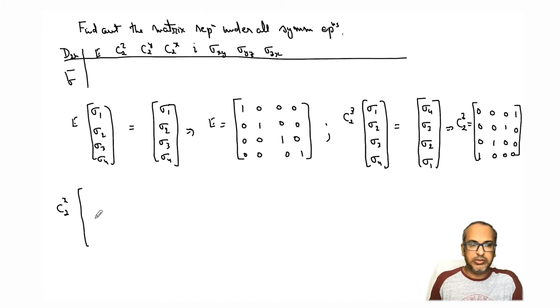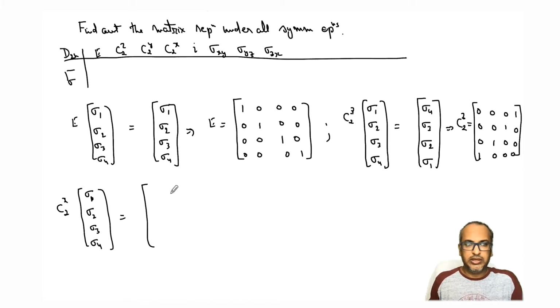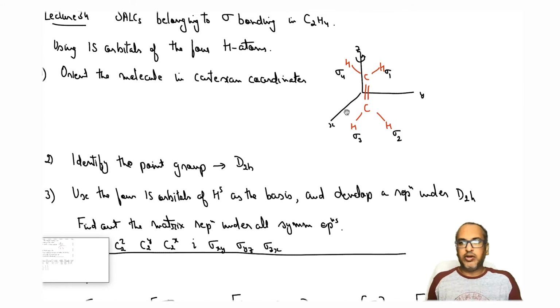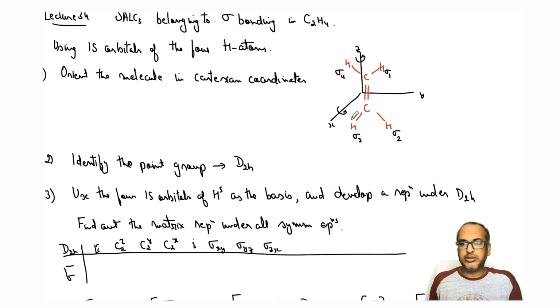So again, let's say if we are now applying C2x, so we have sigma 1, sigma 2, sigma 3, sigma 4. What happens here if we do this? So if we do this, let me go back to the molecule again. So now we are rotating about this, right?